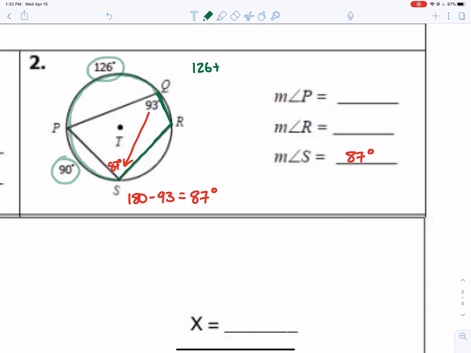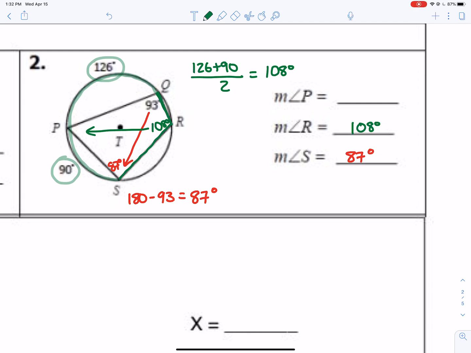So 126 plus 90 is the arc, and if you divide that by 2, you get the measure of angle R, which is 108.